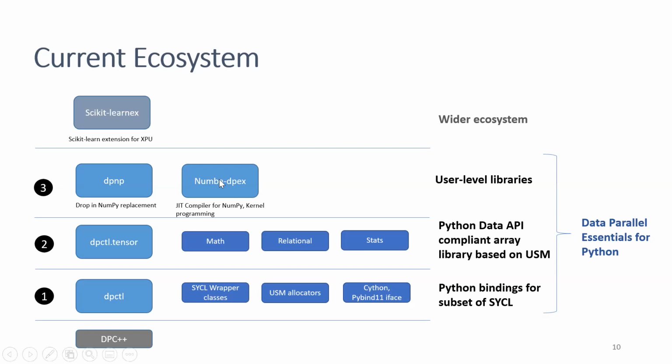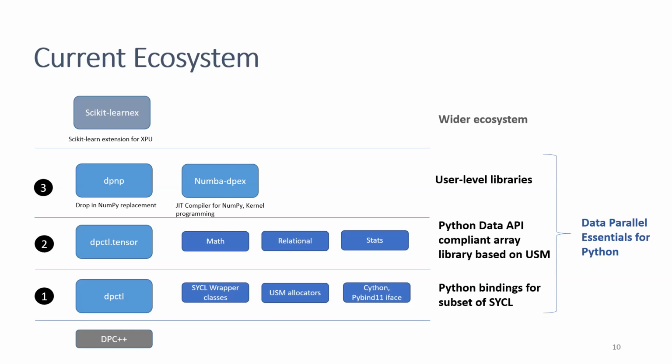And numba-dppy is the extension for Numba to offload to SYCL devices. This is the actual extension that we're using for either writing a JIT compiler using NumPy, we'll talk about that in the coming slides, or there's a kernel programming approach for GPU programmers, where you can use kernel decorators to actually offload to a device.